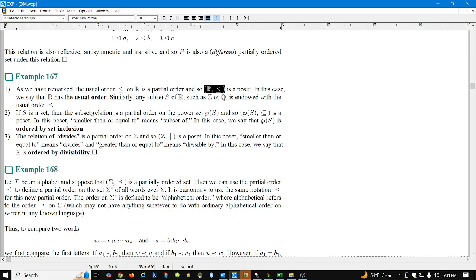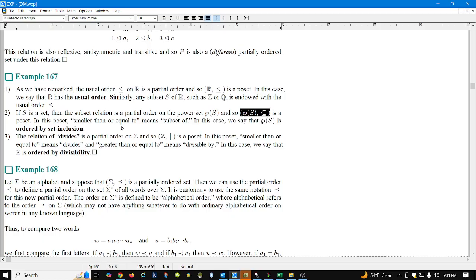You may be familiar with vector spaces and subspaces. A subspace is not just a subset. It has to have closure under the operations that define a vector space. We don't have to worry about closure for partially ordered sets. The power set is partially ordered by set inclusion, so that's a poset.